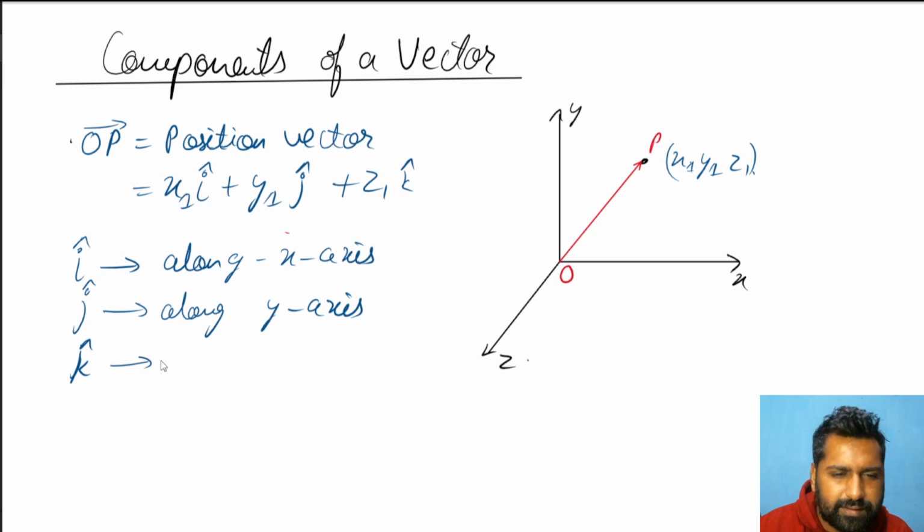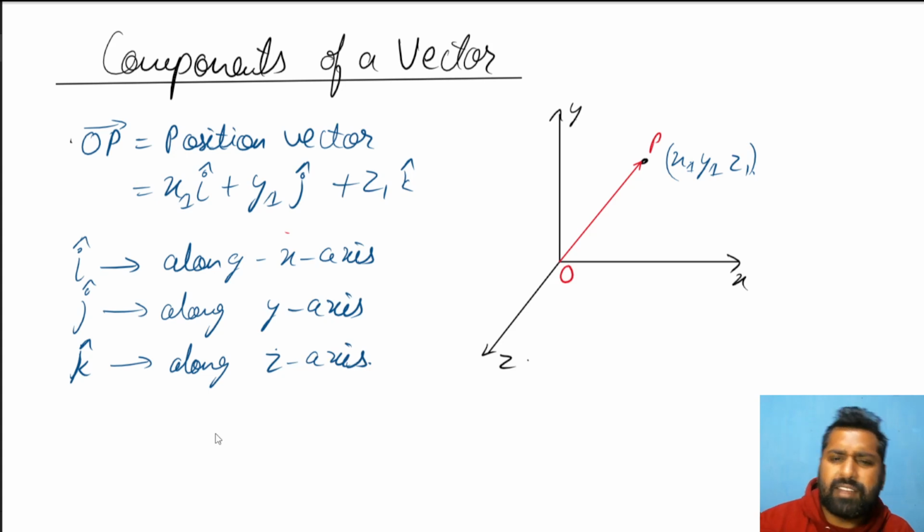Sometimes I have the tendency to skip the cap because I have to write ijk a lot of times, so if I do skip it, just ignore it. But usually caps are always written because that's the notation.